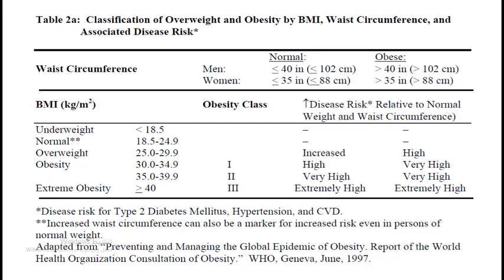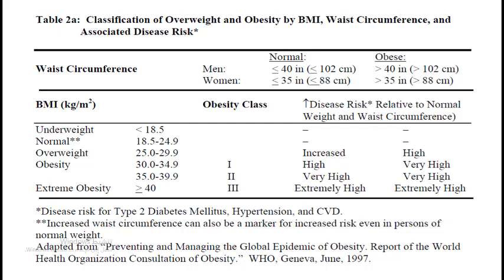You must be careful: a person with a normal BMI and a large waist circumference may have a risk of associated diseases. Okay, very important in this table: it gives us the relation between waist circumference, BMI, and risk of disease.